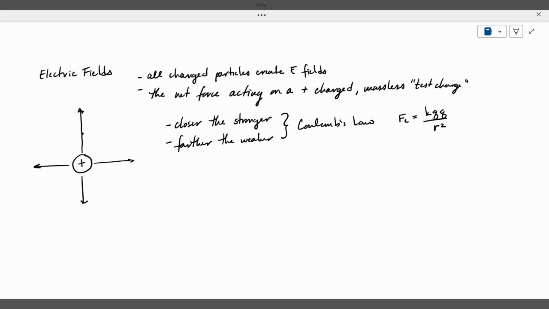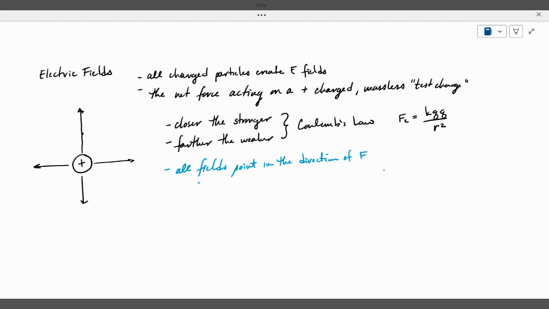So that's one thing. Second thing, I'm going to bust out some colors here. All field lines point in the direction of the force.